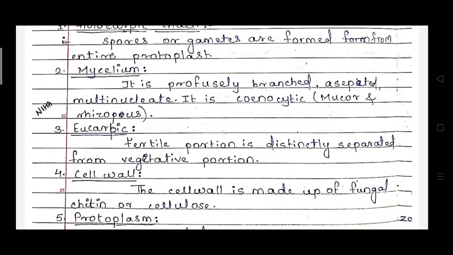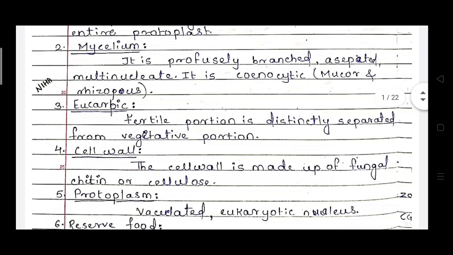Also it is coenocytic, like Mucor or Rhizopus. Then it is eucarpic, that means the fertile portion is distinctly separate from the vegetative portion, the vegetative growth and the reproductive portion are separated.